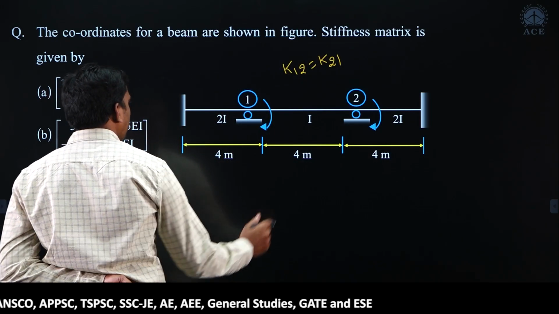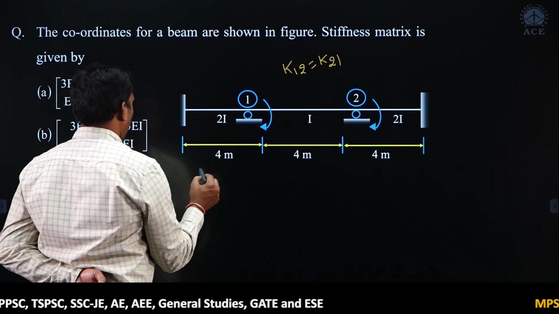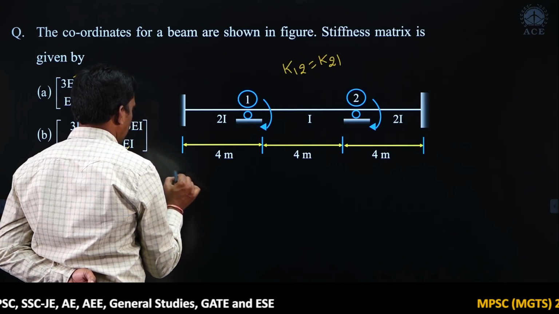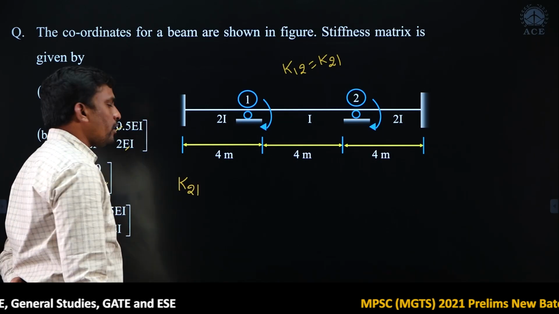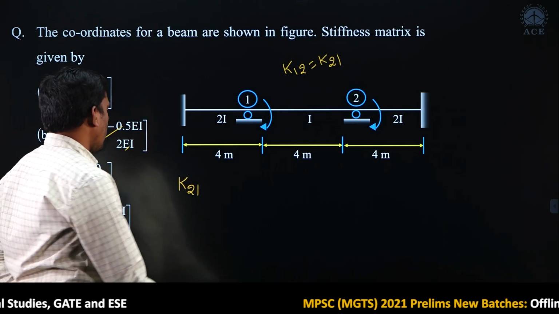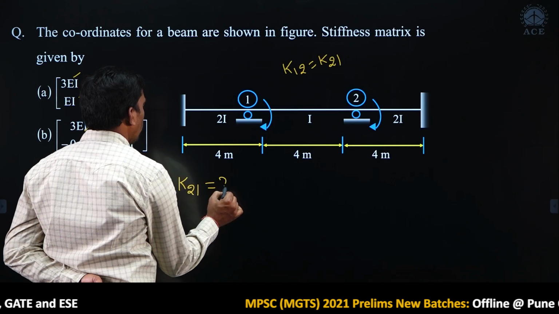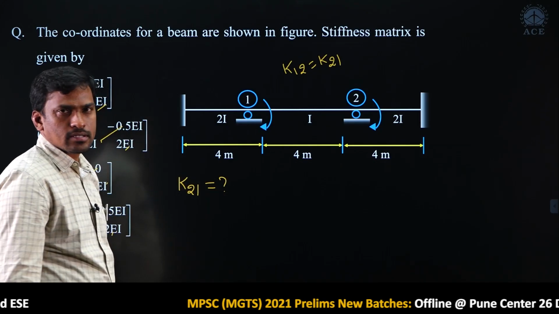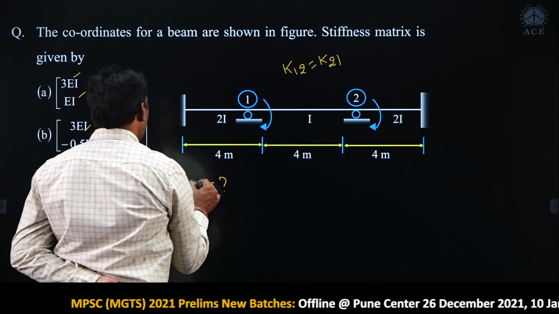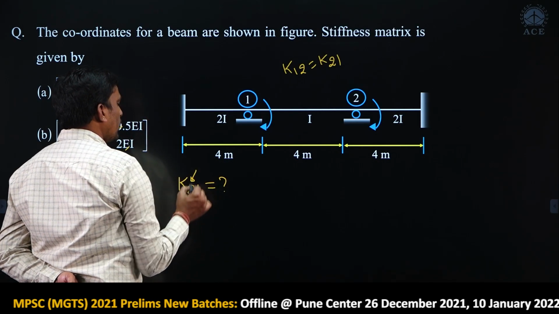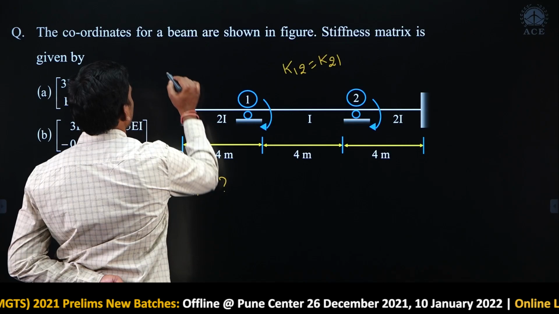For example, we will find k21. You can find k12 or k21, whichever it is, you will get the same value only. So, what do these two represent? What is the definition of stiffness?